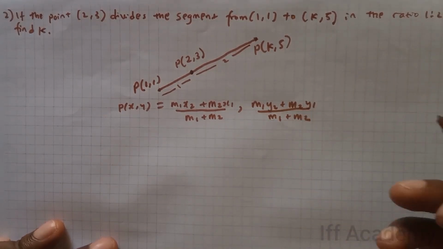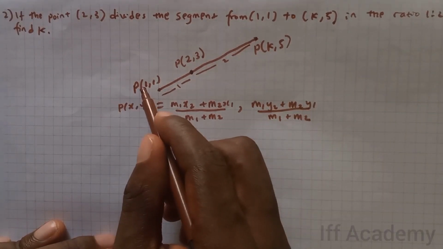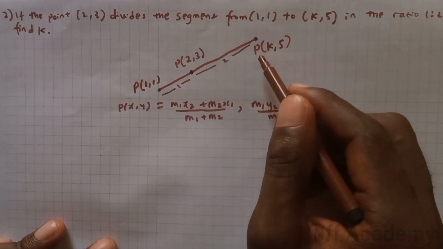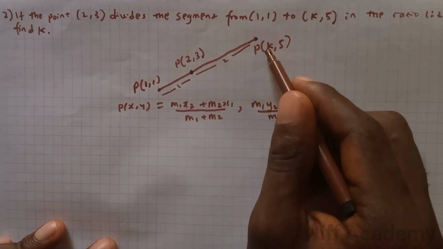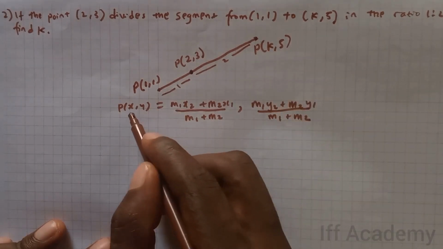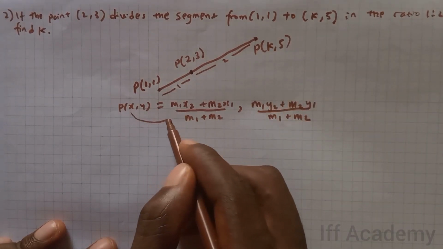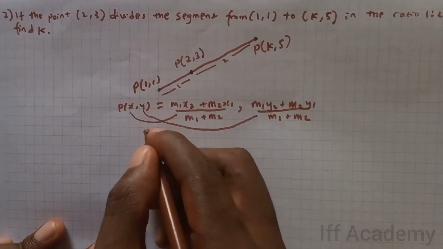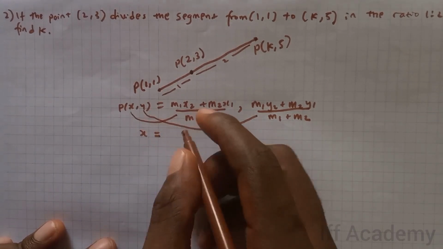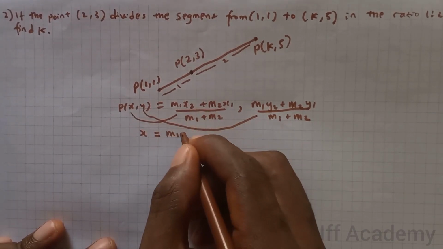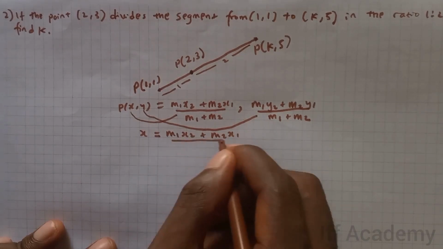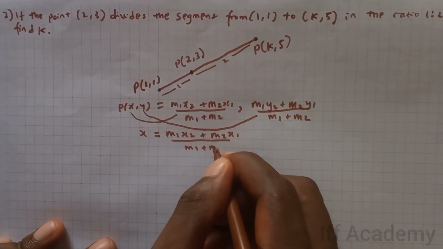So now this is x1, and then this is x2. So we'll use the part that has to do with x. If you observe, x is equal to this and y is equal to this. So we can say that x is equal to (m1 x2 plus m2 x1) over (m1 plus m2).